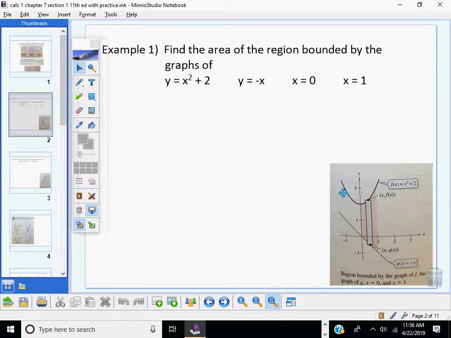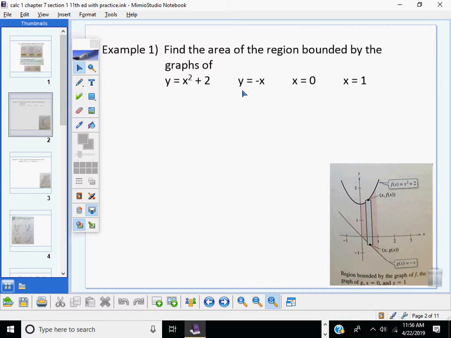Now, before we can start, remember there's not always a picture. So first we have to figure out which one of these graphs would be on top, the parabola or the line. Well, we want to do something in the interval between 0 and 1, so let's just try 0. If I plug 0 in here, 0 squared plus 2 is 2. So the point (0, 2) is on this graph. If I plug 0 into the equation of the line, I get y equals 0.